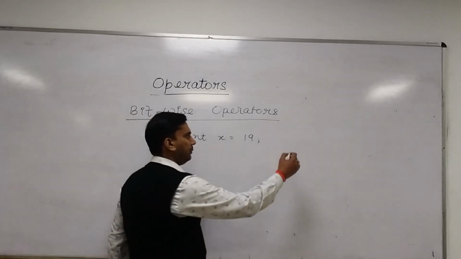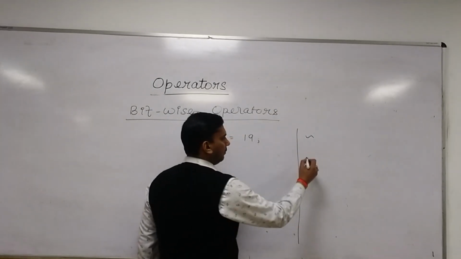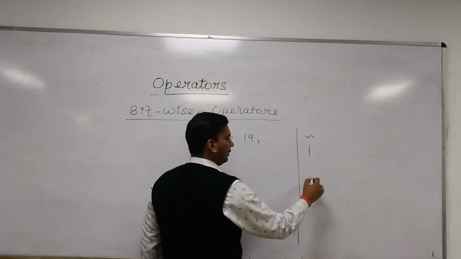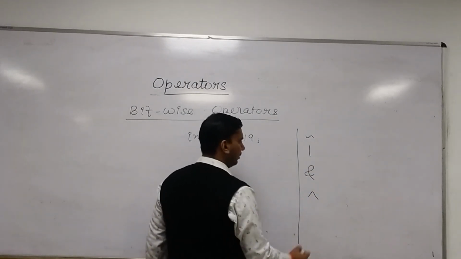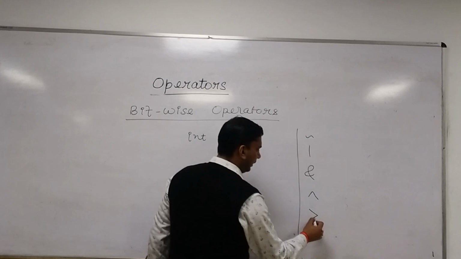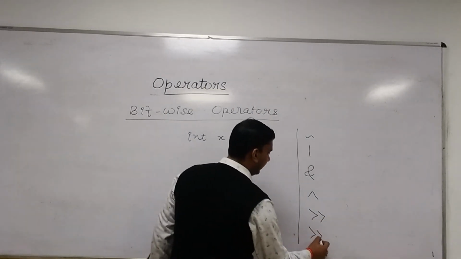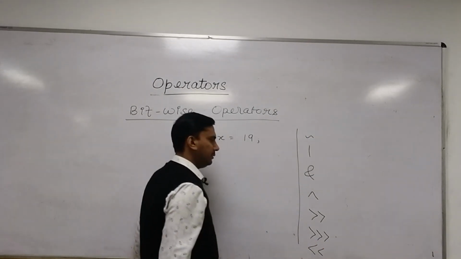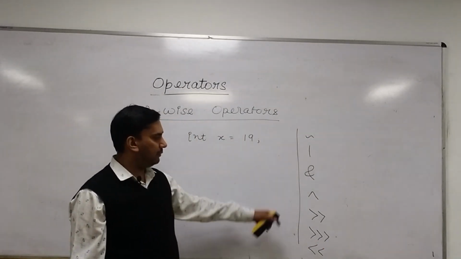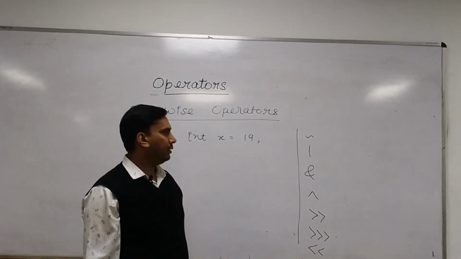So what are the bitwise operators? I told you we have a NOT operator, we have an OR operator, we have a bitwise AND operator, we have a bitwise XOR operator, then we have the right shift operator, the unsigned right shift operator, and the left shift operator. So these are the bitwise operators. So let us start with the NOT operator.